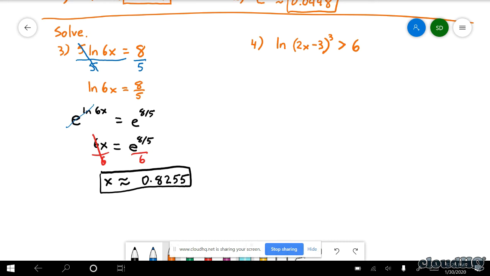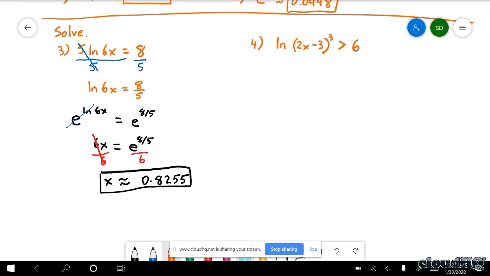Okay, let's take a look at this inequality. We have the natural log of 2x minus 3 cubed is greater than 6. The first thing that I would highly recommend doing is moving that exponent.